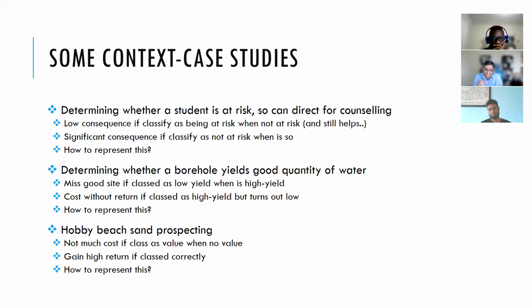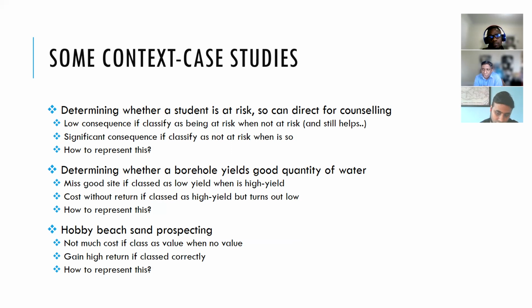Then the third example there, just a toy example. If you look at beach sand prospecting, so every now and then you see someone walking along on the shore with this little metal detector, and then they find probably mainly keys, but sometimes you might find rings, or valuable rings and things like that. So a beach sand prospecting. So if your metal detector goes off incorrectly, all you've lost is maybe a few seconds of stopping to pick up whatever it was.